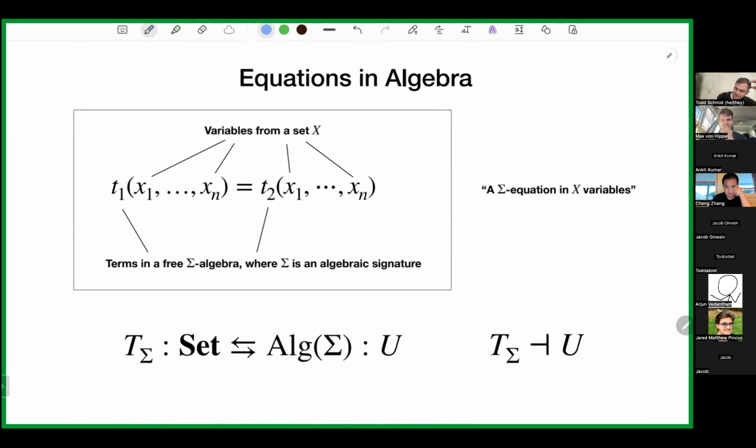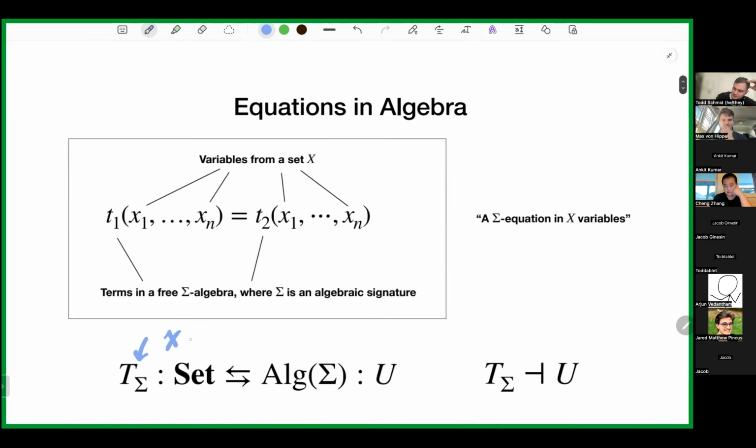This right here is a functor which takes in any set and builds the terms in signature sigma in variables from X.